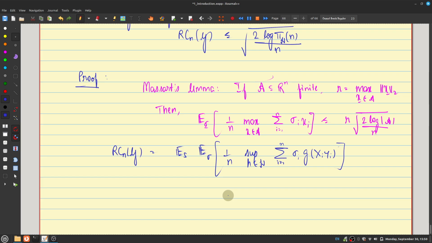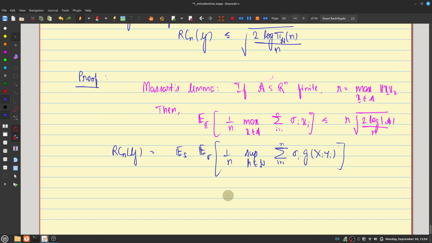Can I use this lemma? I claim that I don't need H to be finite.